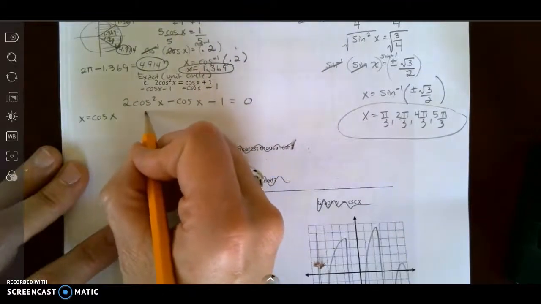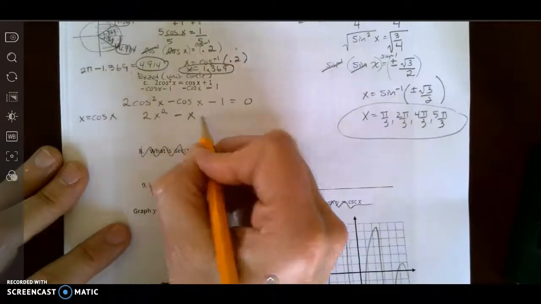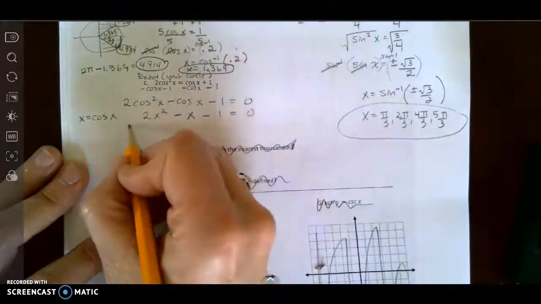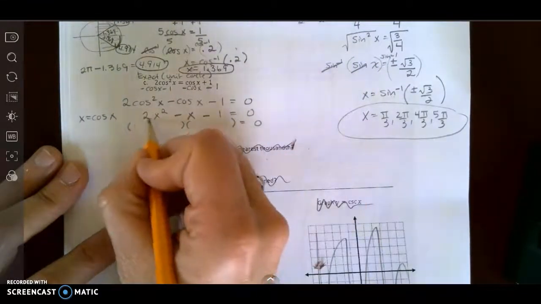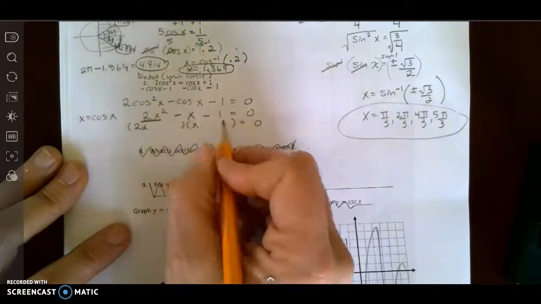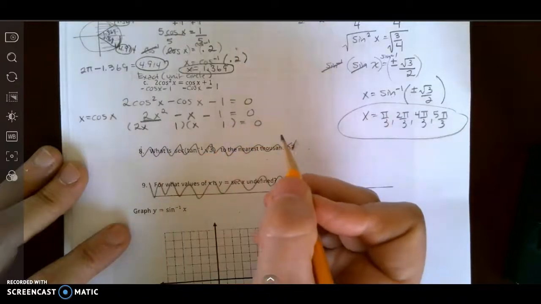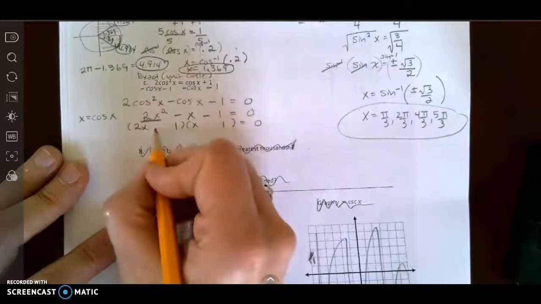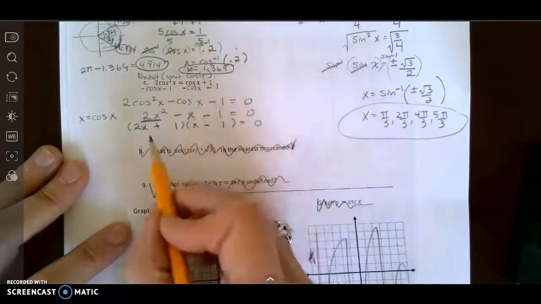And then I can rewrite this as 2x squared minus x minus 1. And then I factor it. The only way to get 2x squared is 2x and x. The only way to get 1 is 1 and 1. And I need these to be negative, so one sign is going to have to be plus and the other minus. So I need to check these.